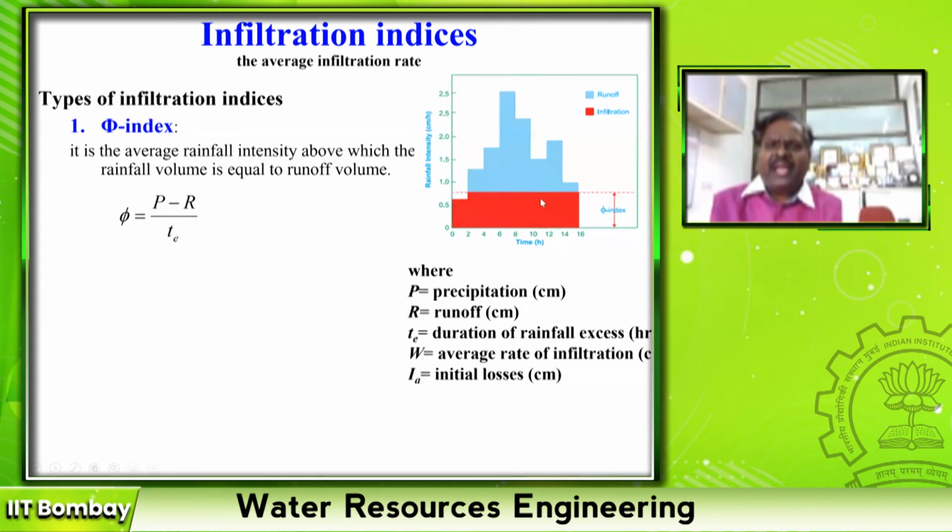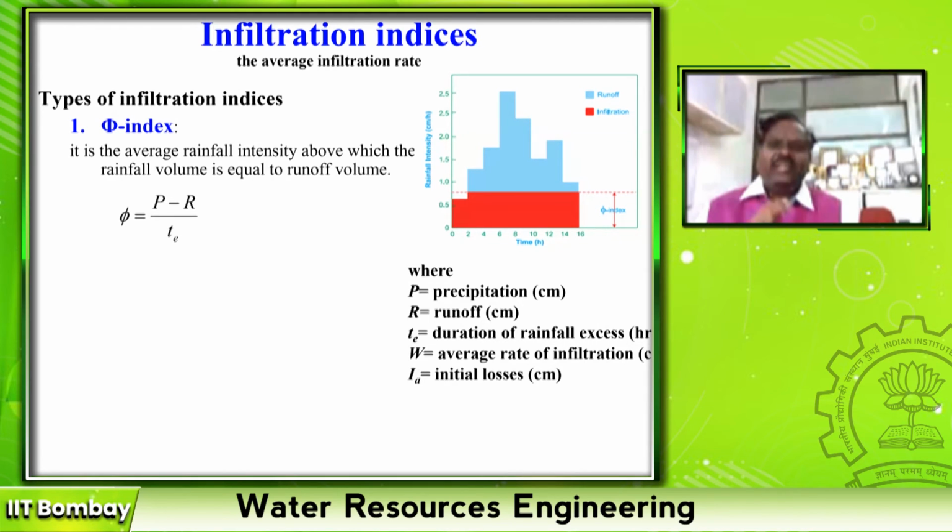But to make the average for a large river basin, phi index is equal to precipitation minus runoff divided by the effective duration of rainfall excess. What is this effective duration of rainfall excess? It is not the duration of total rainfall. Effective duration of rainfall excess is the rainfall period during which runoff occurred.